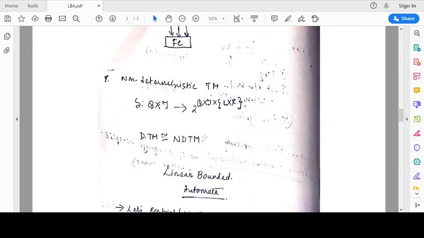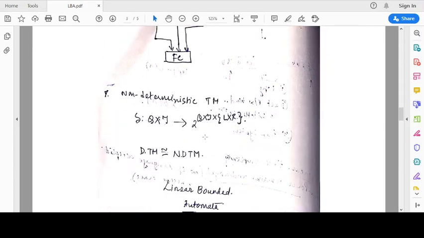Okay, so finally, the non-deterministic Turing machine. So what is a non-deterministic Turing machine? As you can see, it's quite easy. You all already know the meaning of non-determinism. That is, for a particular transition function, we have options. We can move on to state 1, or we can move on to state 2, or something like that.